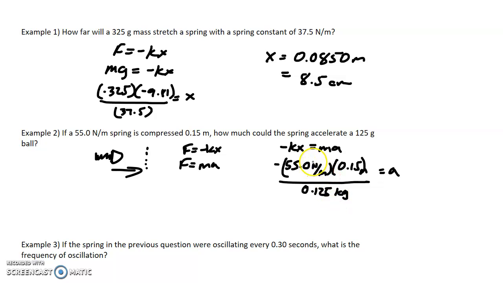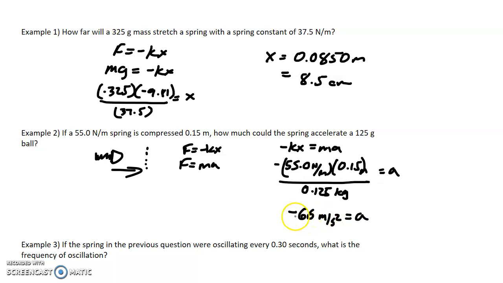Now, the reason why we're changing kilograms is because we're using standard units, Newton being a kilogram meter per second squared. This is going to accelerate negative 66.6, but 66 meters per second squared.